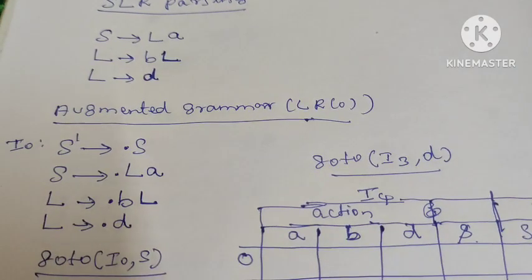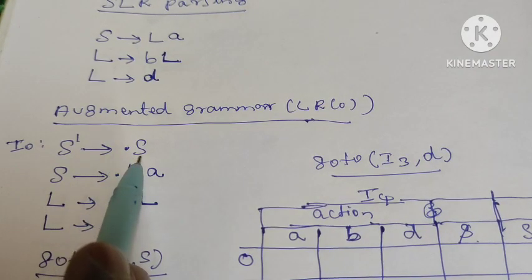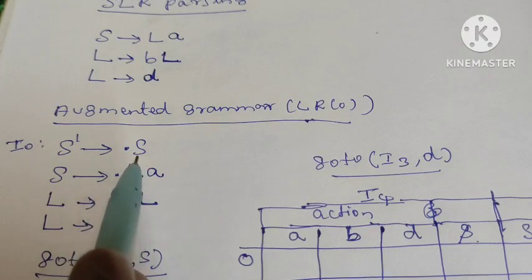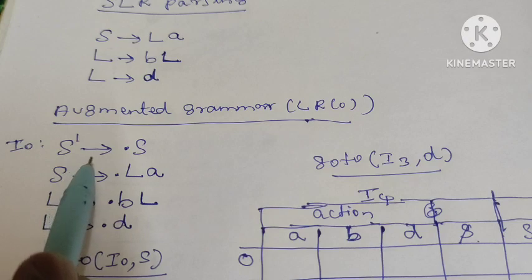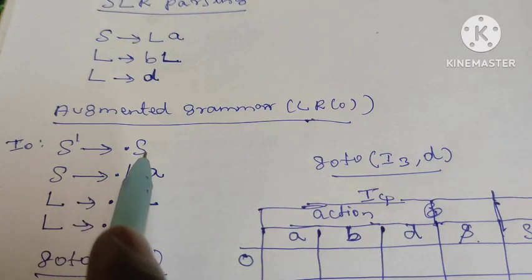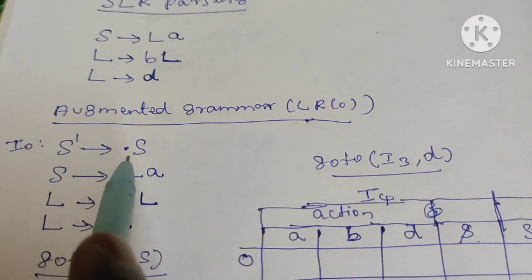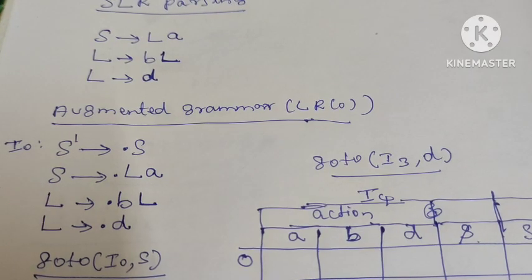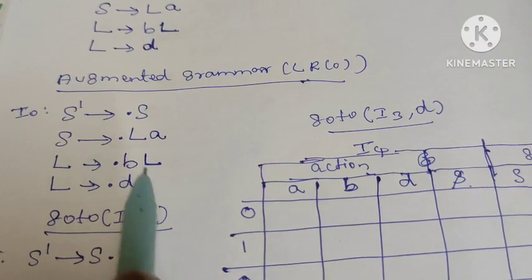Now, the next step is that we have to process all these dots in all the productions till we bring them to the end. Take up item set 0, I0, and you see a dot is before S. So we construct goto of I0, comma S. What is meant by goto?